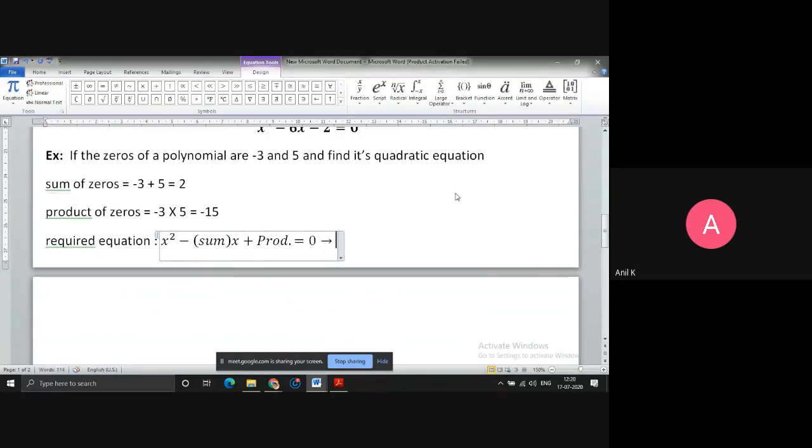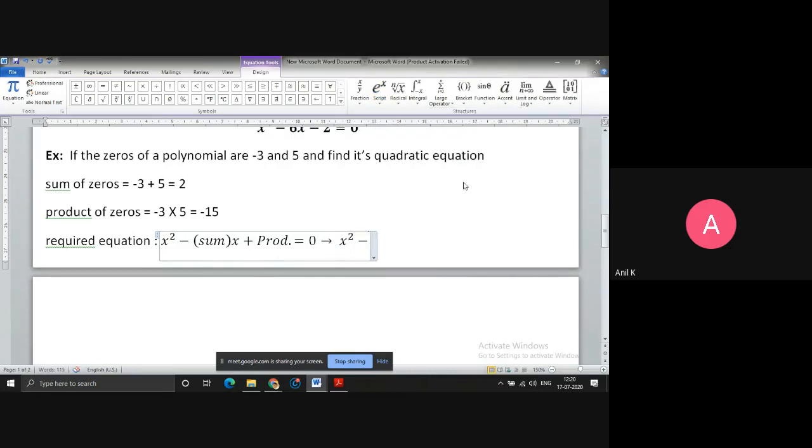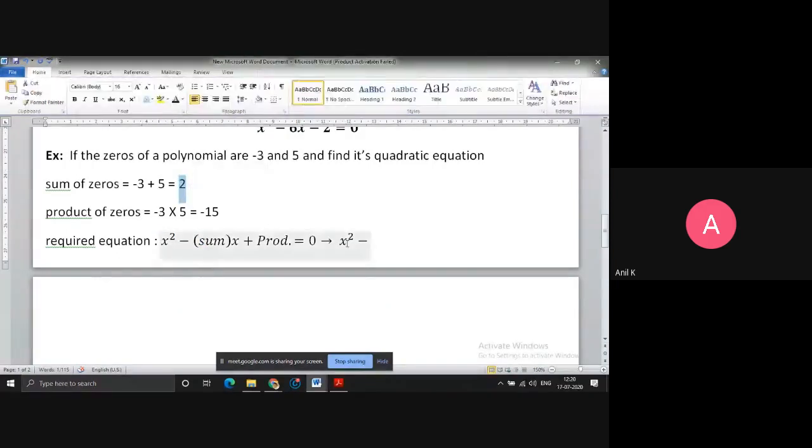So that implies, you'll get x square minus sum, I got sum as 2, so it will be 2x, then plus product. Product value I got as minus 15. So this will become plus into minus will be minus 15 equals to 0. So this will be our final answer.